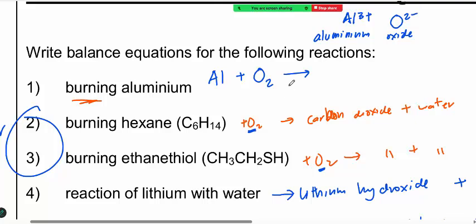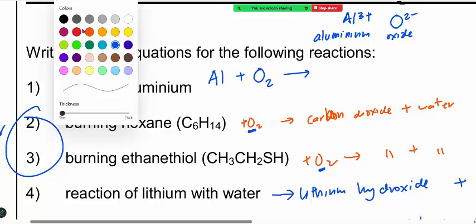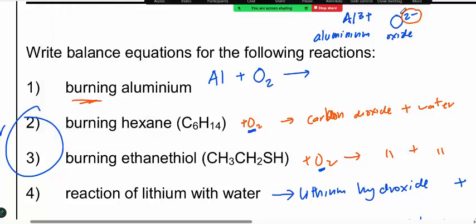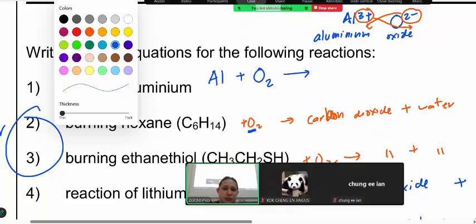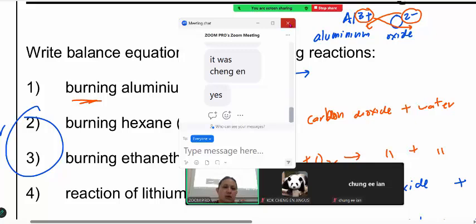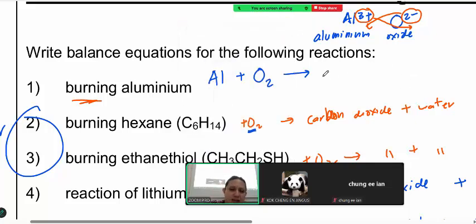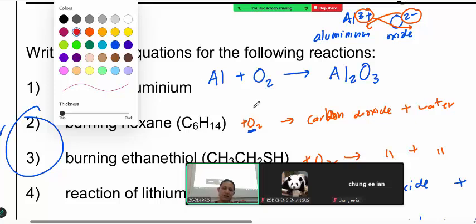Okay, that one, do you remember? So you need to swap. Ian, do you know where I get Al3+ and O2- from? Okay, very good. So then the product is Al2O3.